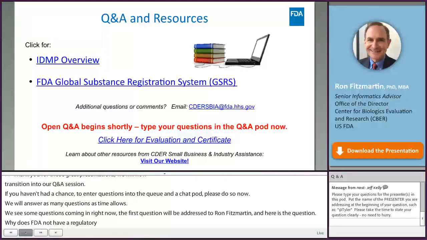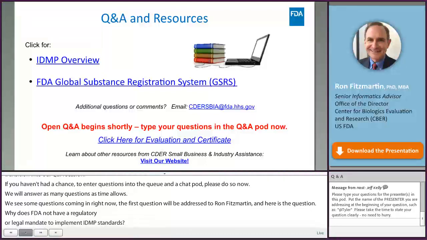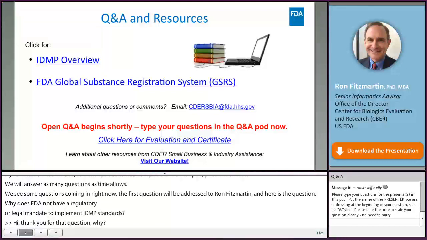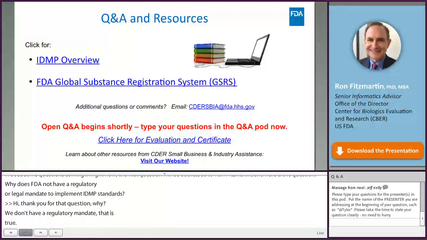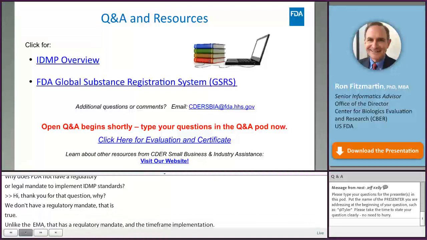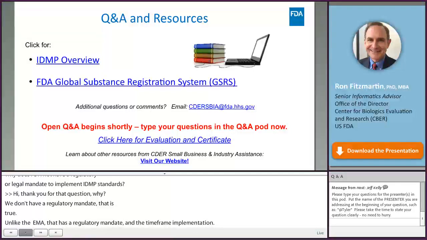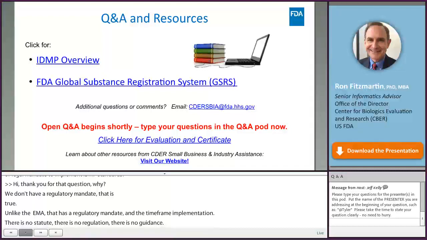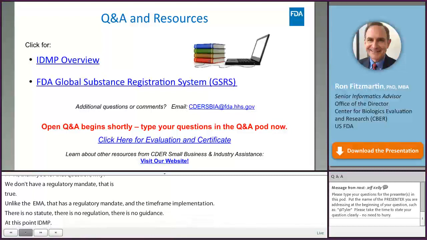Hi, thank you for that question. Why? Well, we don't have a regulatory mandate. Yes, that is true. Unlike the EMA, which has a regulatory mandate and time frame for implementation, there's no statute, no regulation, no guidance at this point for IDMP. As many of you know, and as TJ probably went into a little bit, we have been conforming to these IDMP standards for many, many years.